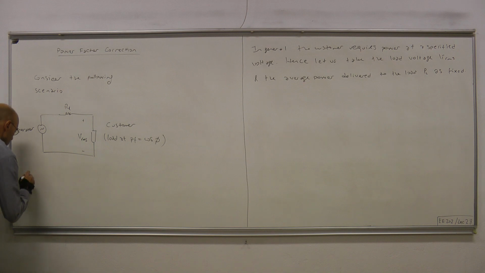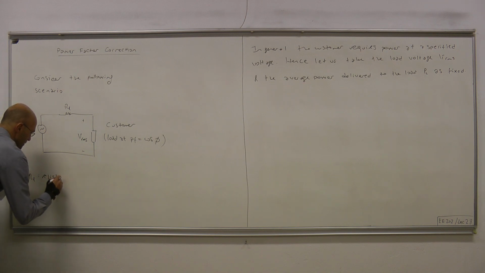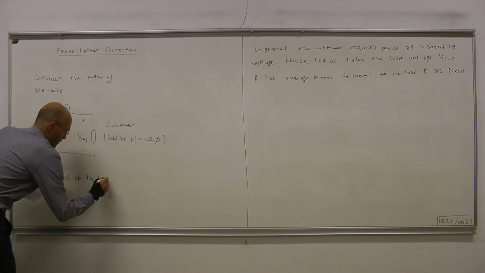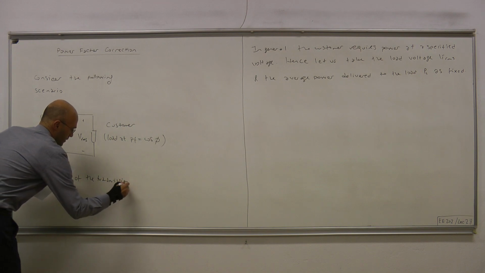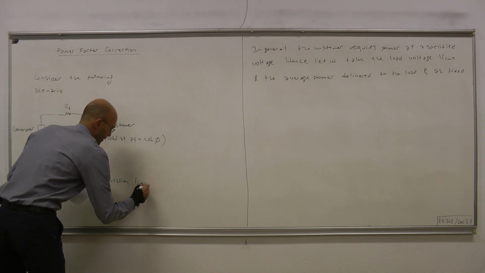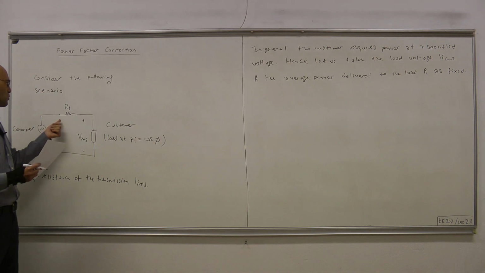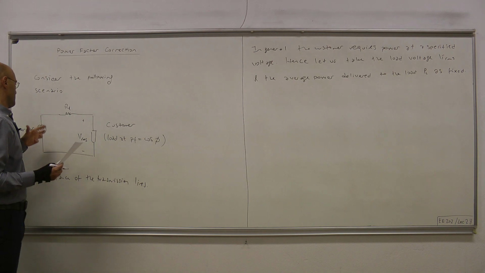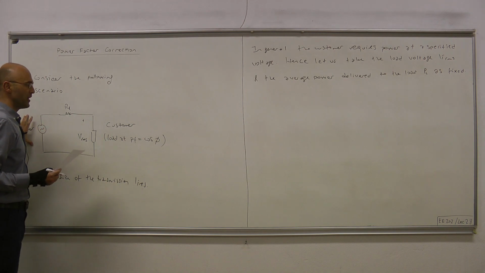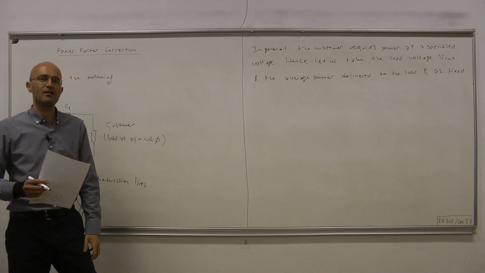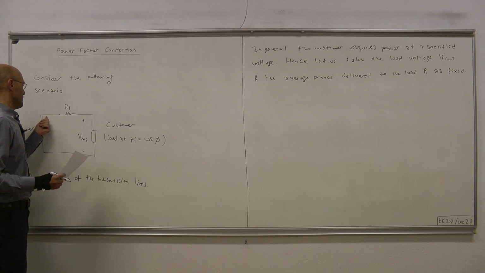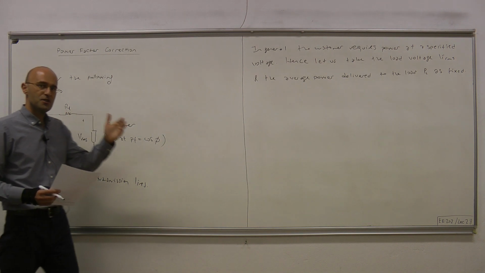Here R sub L is the impedance of the transmission lines. Now, usually transmission lines are very good conductors, but because the power is generated and used at locations far away from each other geographically, the transmission lines cover very large distances.